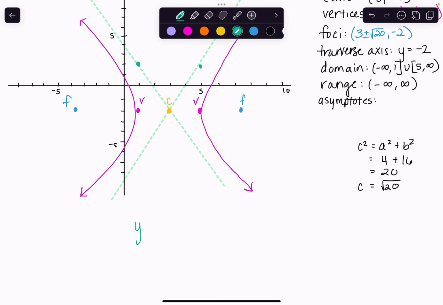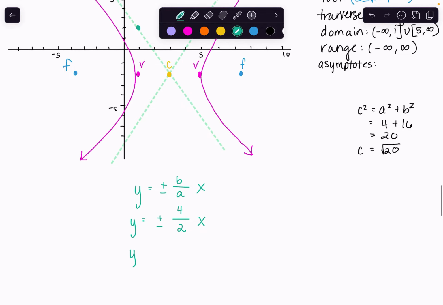So again, without moving the center, that formula would be plus or minus b/a times x. So the value under y is 16, so the value of b is 4, and then the value underneath x is 4, so in the denominator will be 2. So again, this is if we didn't move the center, okay?